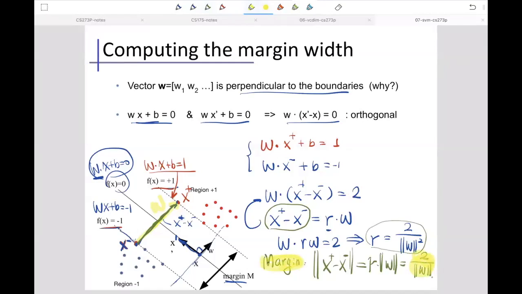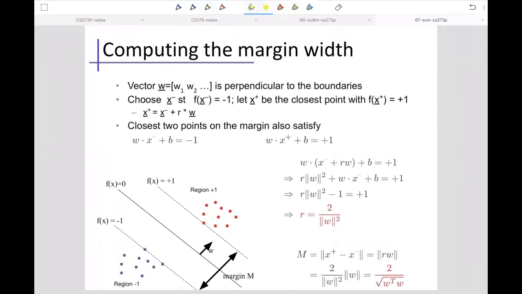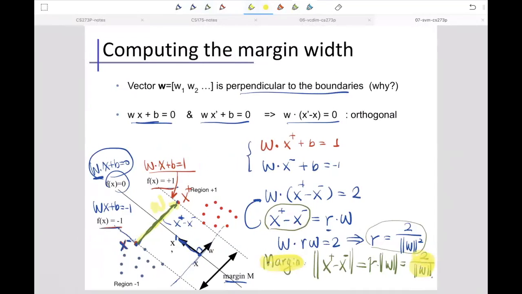Once we have this, we are almost done. What we want to do now is this. We know how to measure the distance between these two boundary planes, and then we can formulate a new model to learn the parameters of this linear classifier.